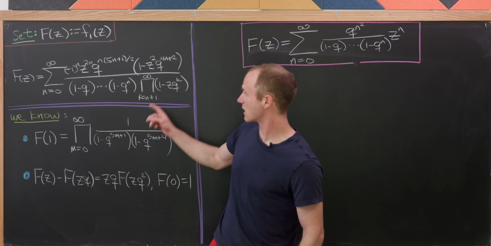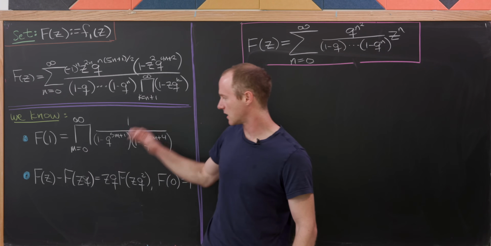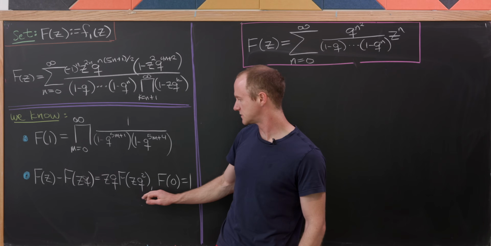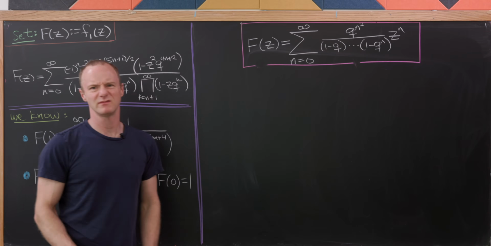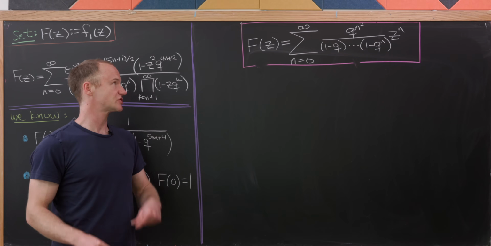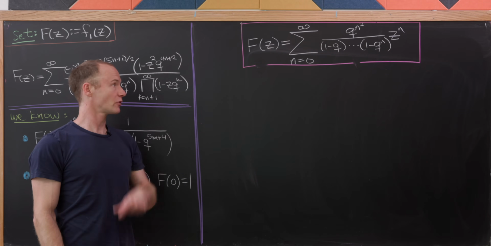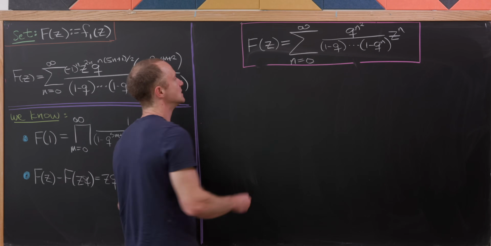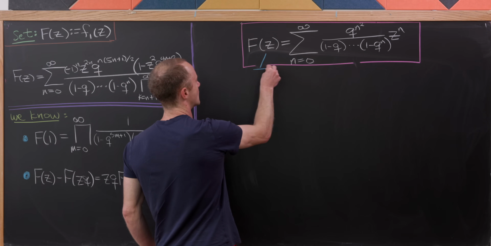Okay, so starting with our crazy expression for capital F of z here, and all of our previous work, most especially this equation, we came up with the following, maybe nicer, expansion of F of z as a power series in z. And now we're really ready to take it home. So what we'll do is evaluate this at z equals 1.